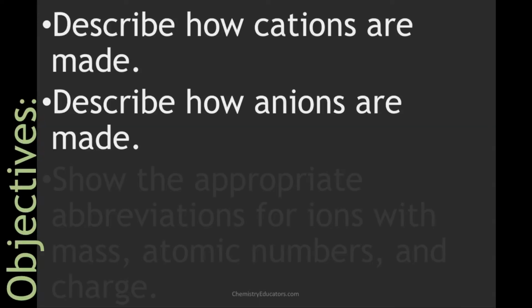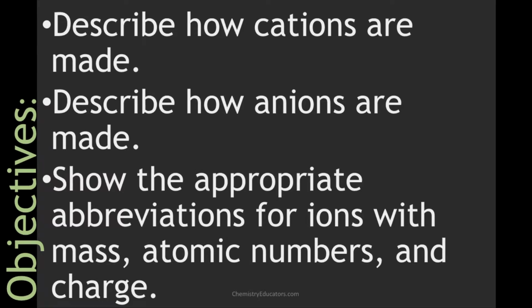Okay, so first off, the things we're going to learn in this lesson: you need to be able to describe how cations are made and how anions are made. These are both vocabulary words that you'll be familiar with by the end of this lesson. And you'll need to be able to show the appropriate abbreviations for ions with mass, atomic numbers, and the charge.